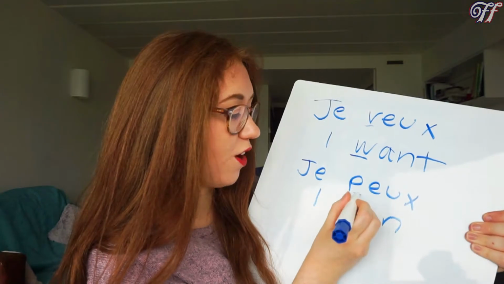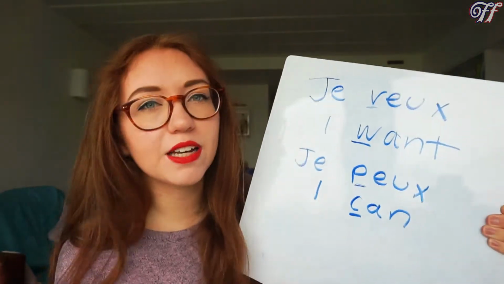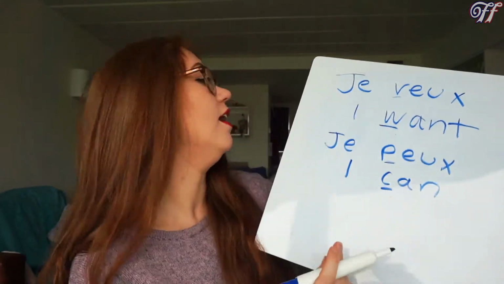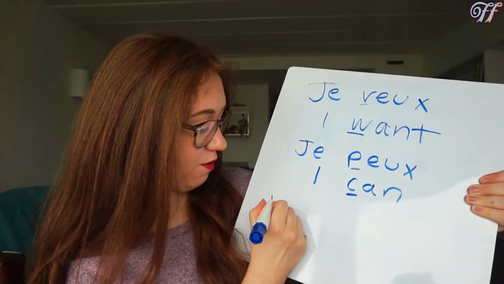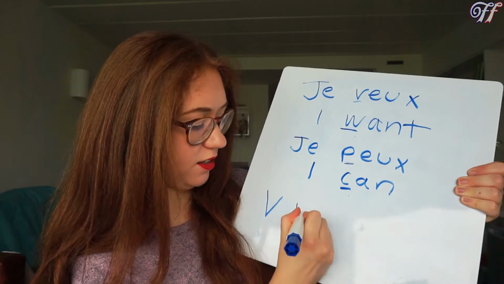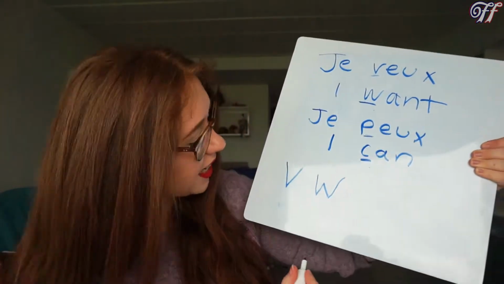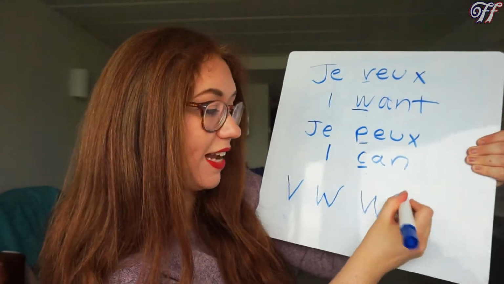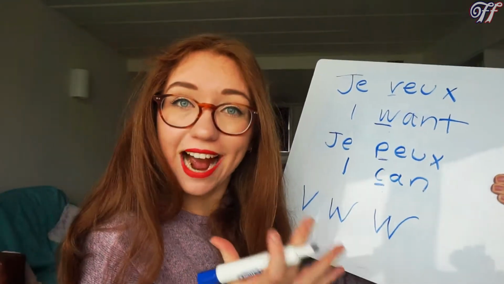So I looked at the first letters and I thought, how can I make an association between the letters V, W, P, and C? And so I drew them out and I thought, V and W, actually, a W is kind of like two V's together. So that's basically how I remembered it.